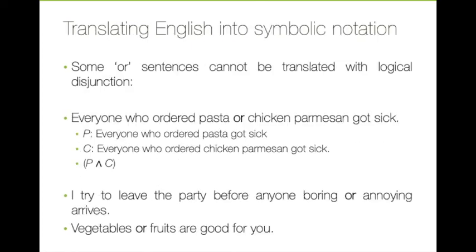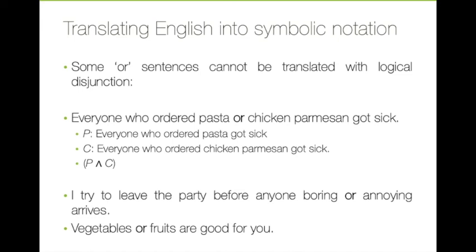Here's another parallel with conjunction. Some sentences that use or cannot be translated properly with logical disjunction. Remember, we saw that with some sentences with and, too. If we used logical disjunction to symbolize these sentences, the problem is it wouldn't accurately express what someone who said these things was trying to convey.